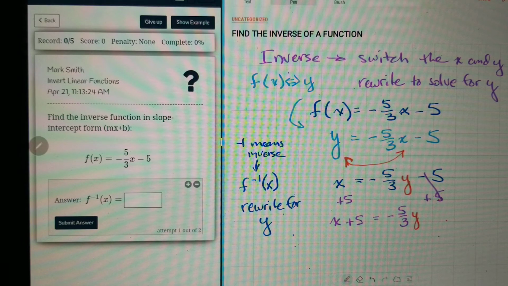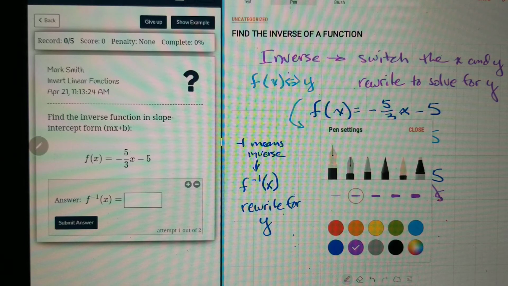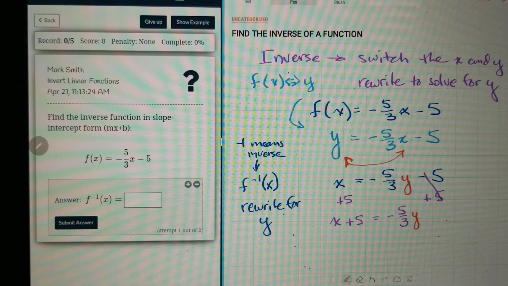Now I'm almost there. Here is the tricky fraction. I hate this part. How do we get rid of this negative 5/3? We get rid of the negative 5/3 by multiplying it by its inverse.